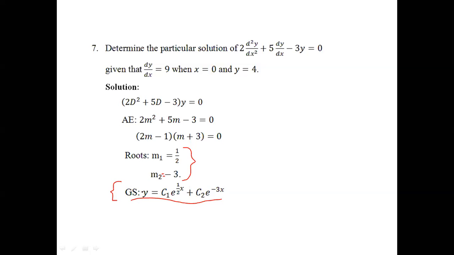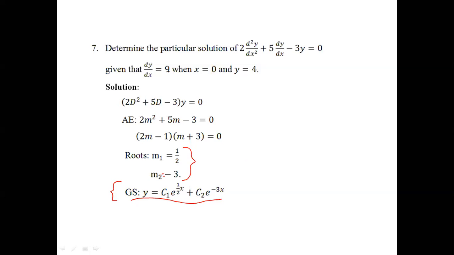GS, which is the general solution: y equals C1 e raised to the power half x, which is one of the roots there, plus C2 e raised to the power negative 3x. So this would have been the solution had we been asked to calculate the general solution. This was going to be the final answer. We're going to end here.